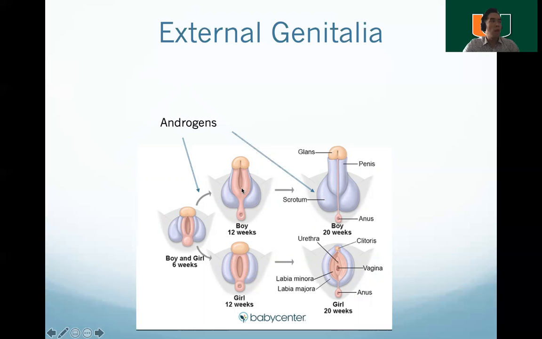So it causes labia fusion, an enlargement of the phallus to become the penile shaft, and the urethra extends to the tip of the phallus, right? So this is the effect of androgen. You can have masculinization of external genitalia if you have enough androgen exposure in utero, right?